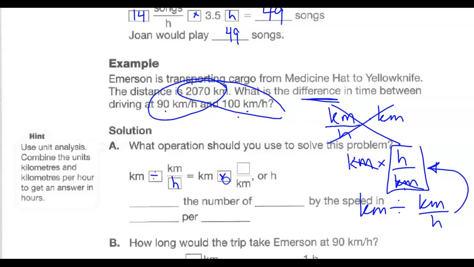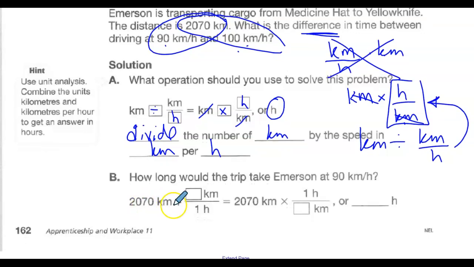And so that's the same as multiplying by hours per kilometer. Okay, so the kilometers divide out and we get hours. So we're going to divide the number of kilometers traveled by the speed in kilometers per hour.